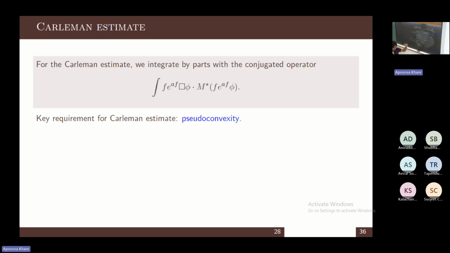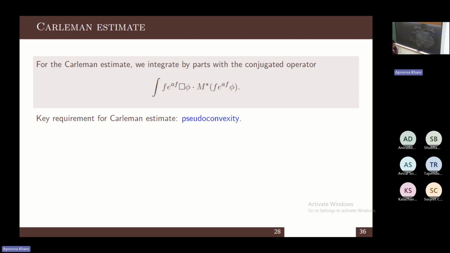Okay, so if you remember in the model Carleman estimate I showed, there were some e power af's in there. So they basically correspond to this f, e power af that we have here, and then you do integration by parts with this conjugated operator.